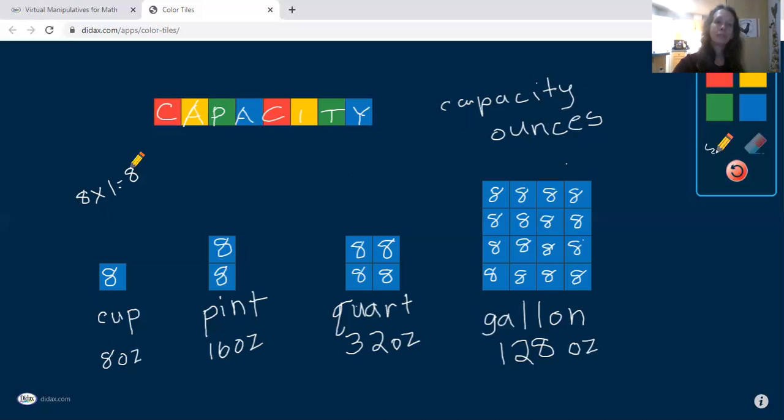Okay. I have the number 8 written 2 times. So we can say 8 times 2 equals 16.